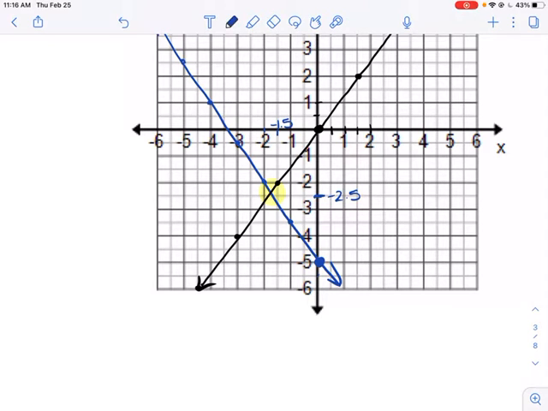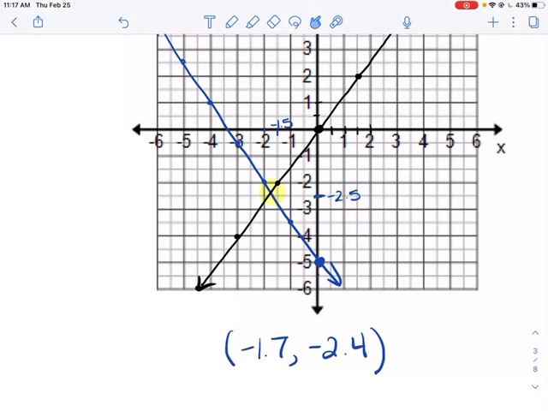So let's look at our x coordinate. It looks like it crosses right in between -1.5 and -2. So it seems like it's right in between. I think I'm going to say it's -1.7. And then on the y-axis, it's between -2 and -2.5. It's closer to -2.5, but not quite there. So I'm going to say -2.4 is my y-coordinate.